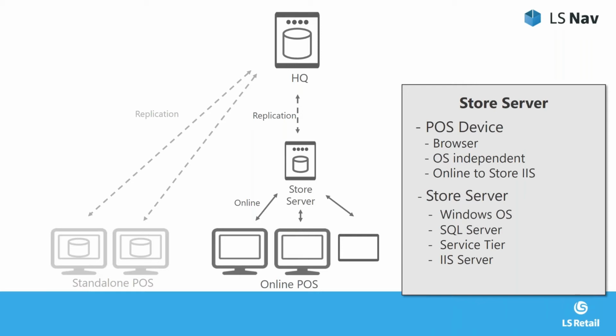Or in your scenario where you have POSes in a store, but at top peak hours, you need more devices, or you want to interface with the customer. That's, for example, the tablet on the right, where you can add a tablet, for example, a 7-inch tablet, out on the floor with the customer, interacting with them with the full-blown functionality of a regular POS, as a browser, on an iPad, for example.